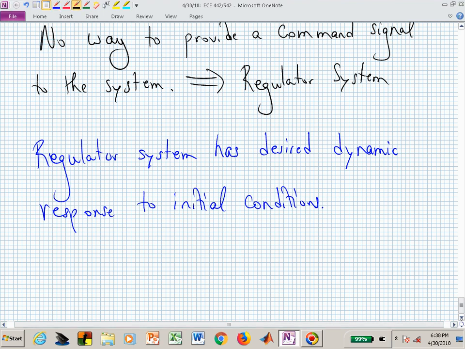What we want, it may be, is to have the ability to tell the system where to go. And if that's what we want, then we can introduce a reference input. So can we introduce a reference input? The answer is thankfully yes.